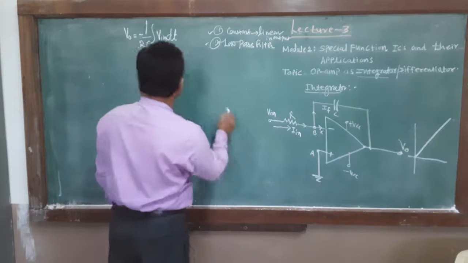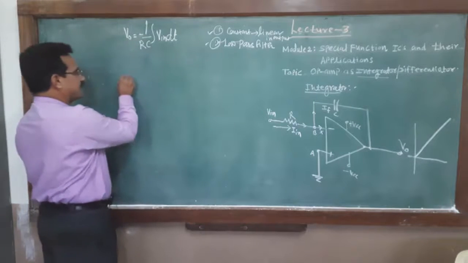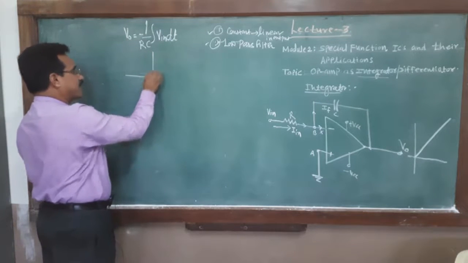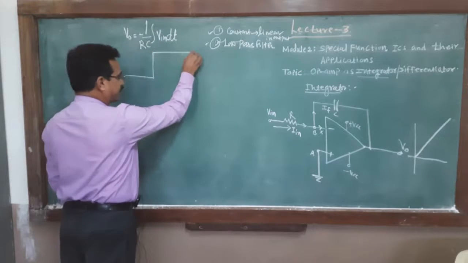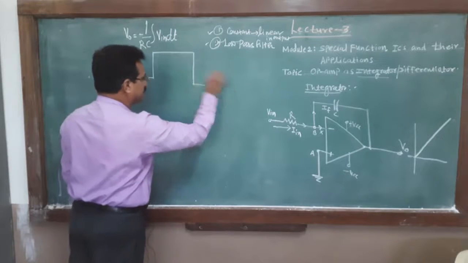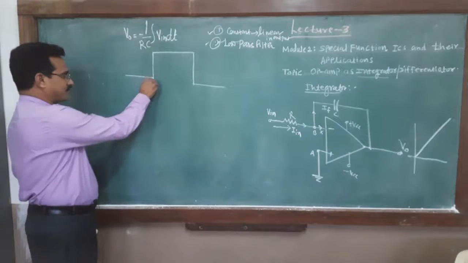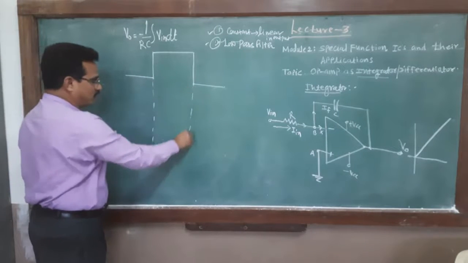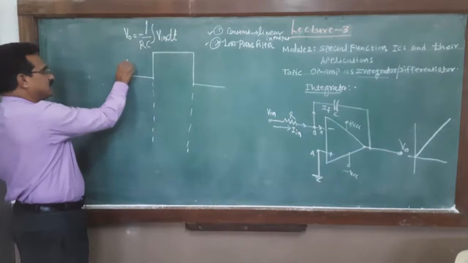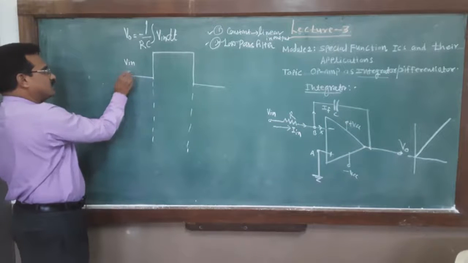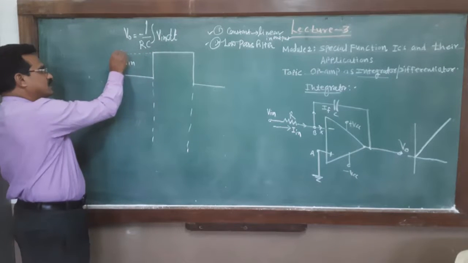Suppose the input is given in this manner. We call it V in, here is 0 volt and suppose here is 5 volt.